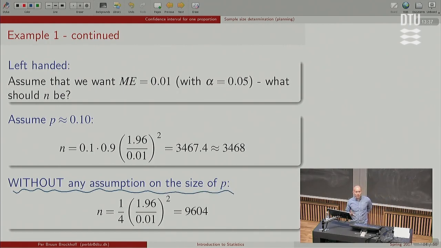If I just didn't know anything about what P could be, I used the same formula, but instead of plugging in this, I had to plug in 1/4, and it's 3 times as expensive to carry out my study. So it's pretty good to know something about where we are, but sometimes you don't. That's just how it is. Sometimes you need to be the first one to find out before you can gain some information. That was planning to have sufficient precision.